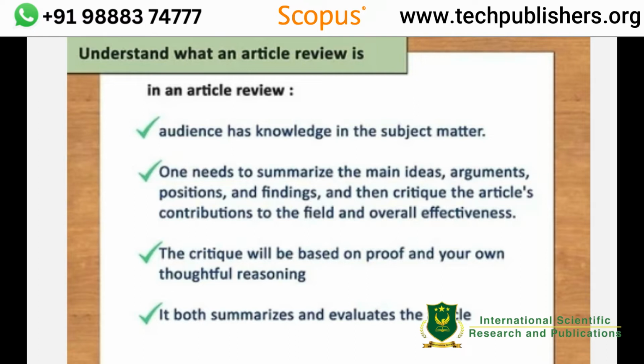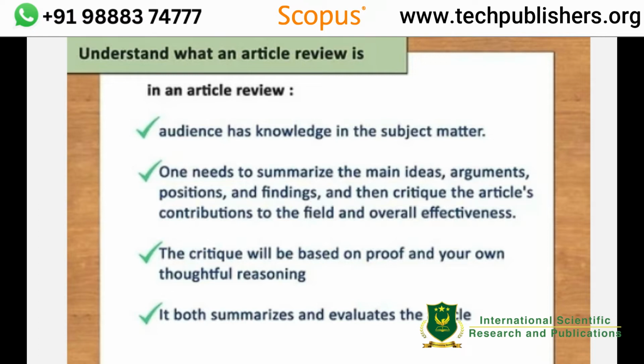An article review is written for an audience who is knowledgeable in the subject instead of a general audience. When writing an article review, you will summarize the main ideas, arguments, positions and findings, and then evaluate the article's contribution to the field and overall effectiveness.